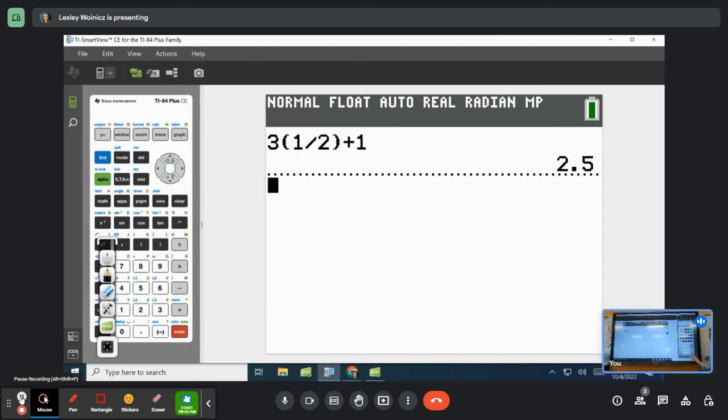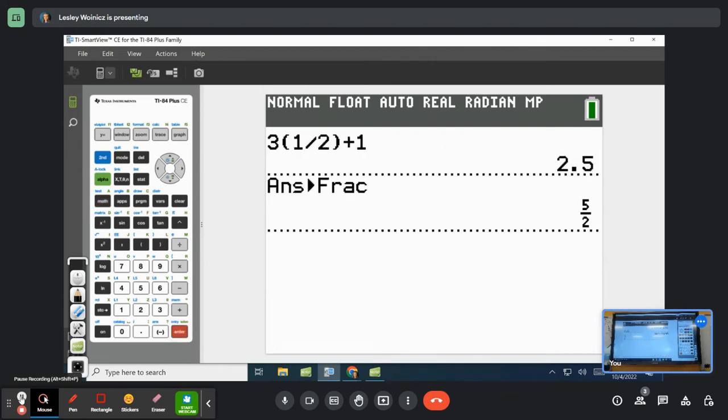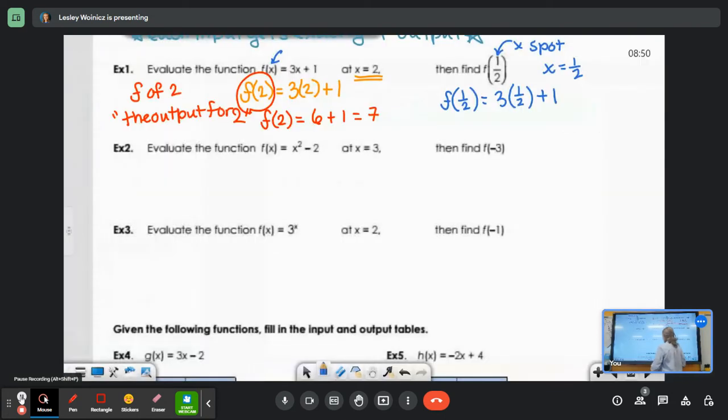I get 2.5, but that's a decimal, so I'm going to hit math, and then I want frac, because I want to change it back into an improper fraction. I hit enter, enter. So I get 5 halves. So the output for 1/2 is 5 halves.